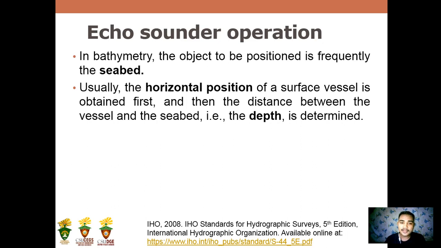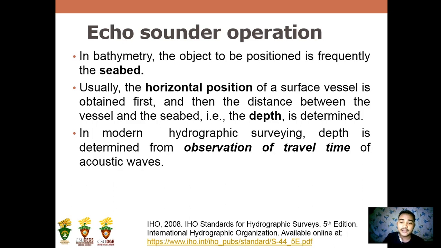So the setup here is the GNSS receiver is attached to a boat, and also the echo sounder. The GNSS is for horizontal positioning, and the echo sounder is used for determination of the depth of the water body where your vessel is located. In modern hydrographic surveying, depth is determined from observation of the travel time of acoustic waves. So we are using sound waves here.